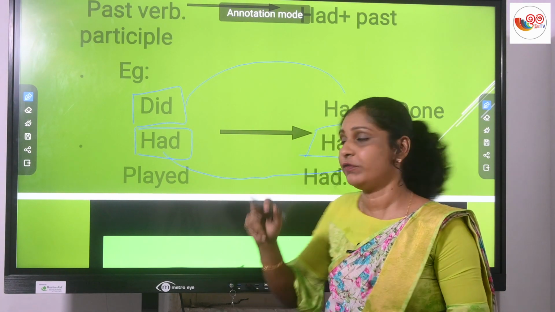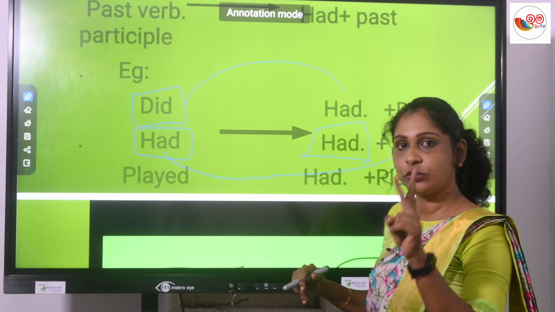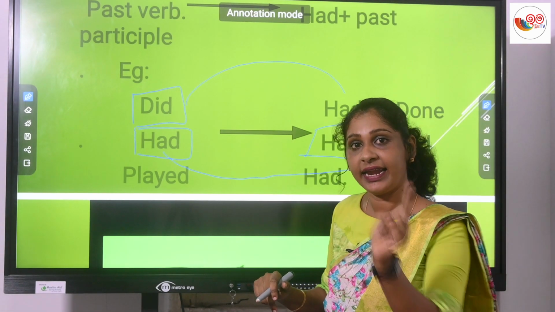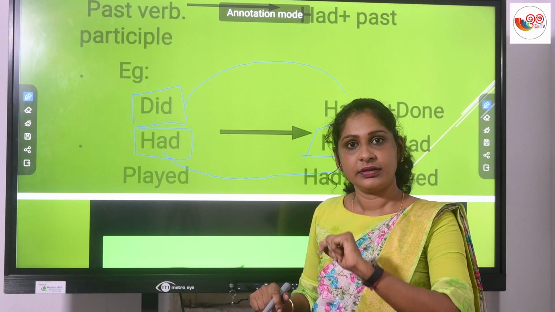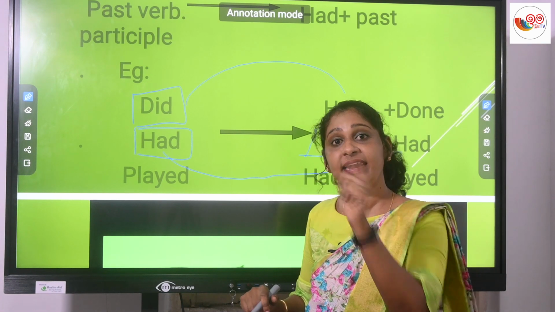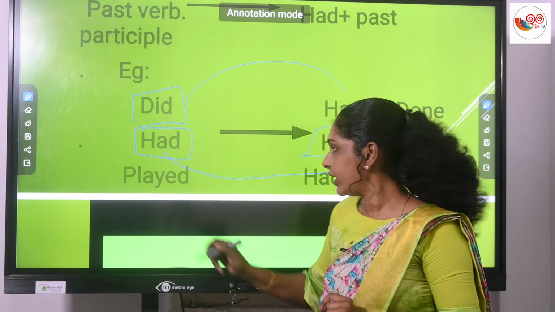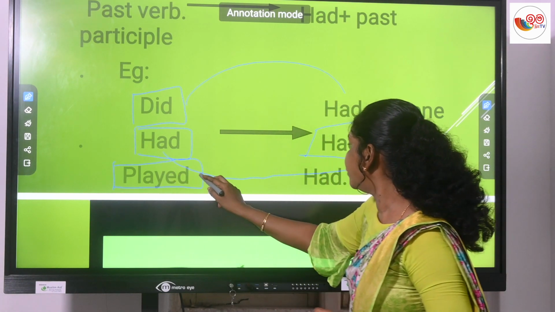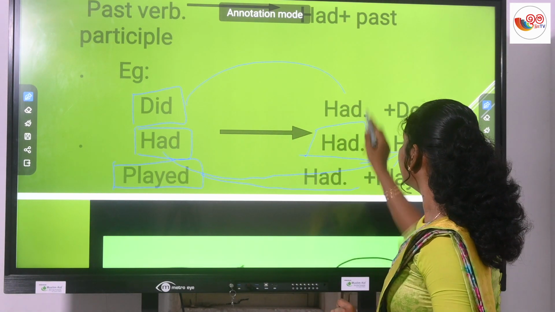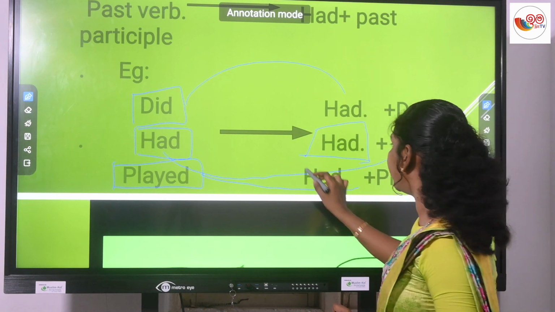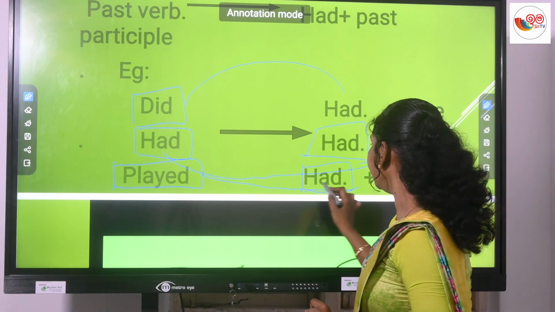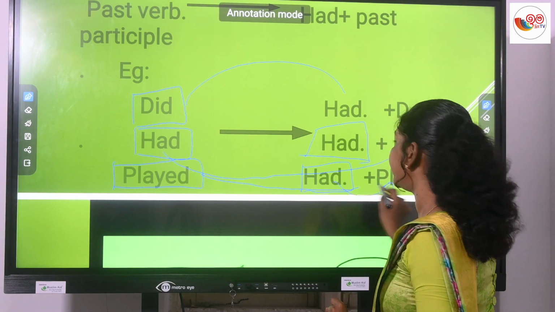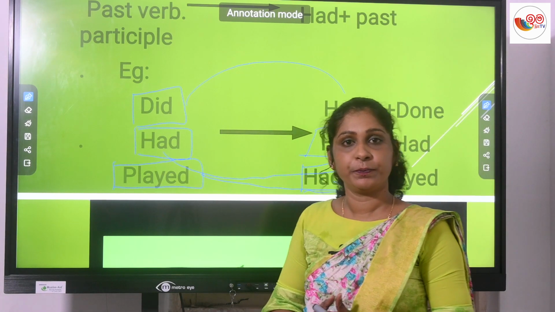So again you have to write had. So double had. She had played. This is the past verb. When you change into reported, first you have to write had. With this had you have to write the past participle form.